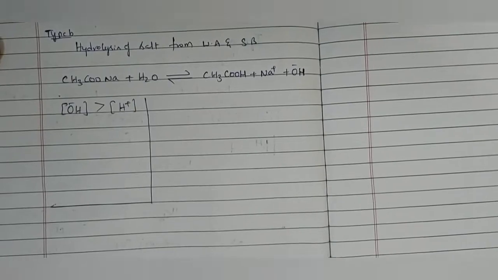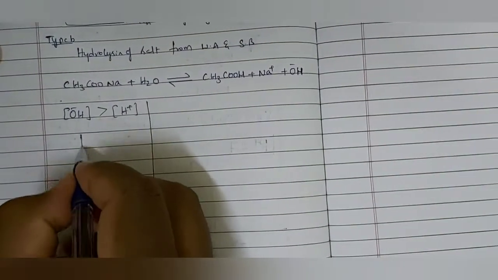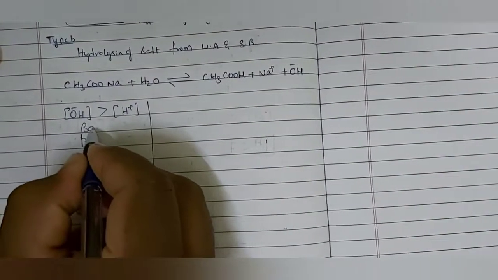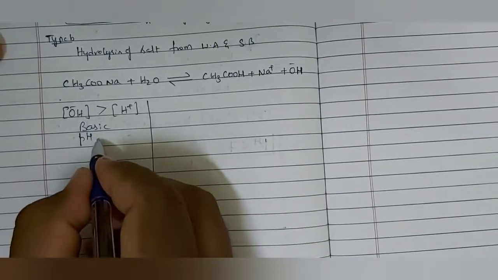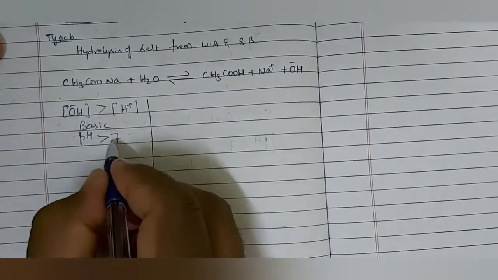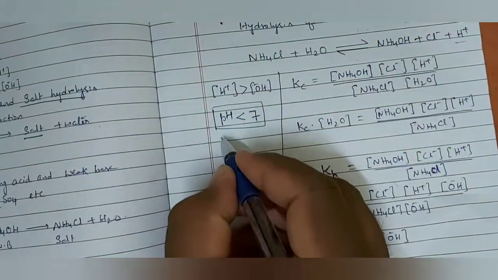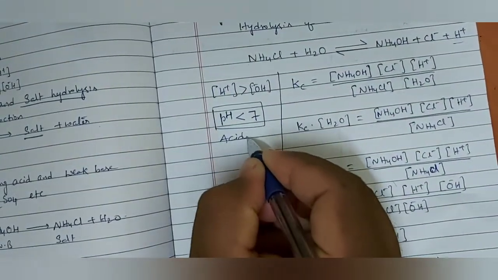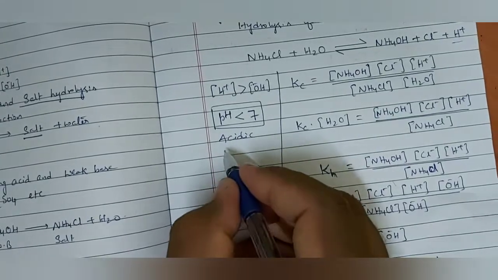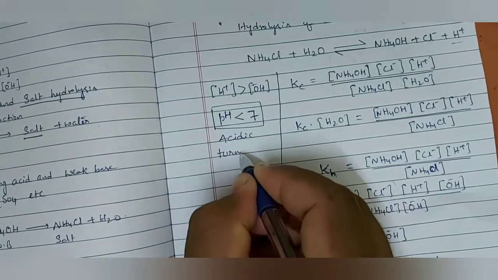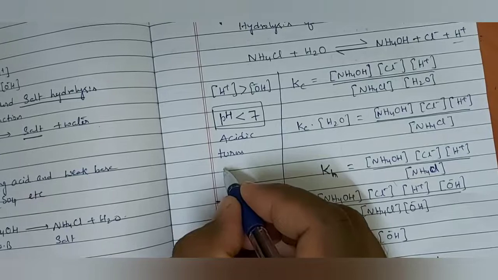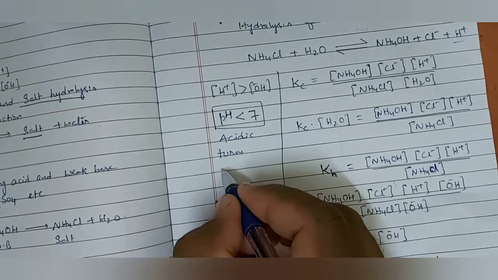Then it is basic in nature. pH value is greater than 7. The previous one was acidic in nature. This solution turns red litmus to blue.